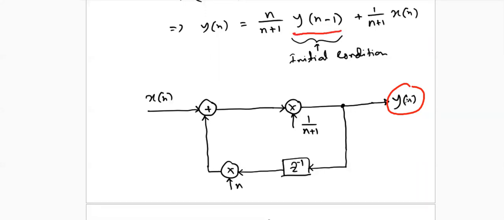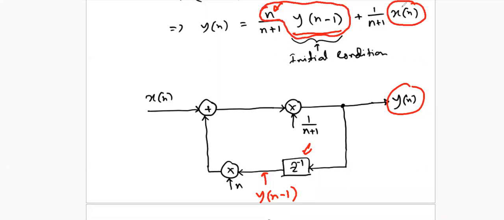So from the y n, we are putting a delay. So of course, this point is y n minus 1. And then y n minus 1 is multiplied with the value of n, which is a variable. So that's why the variable multiplication. And then it will be added with xn. So our n y n minus 1 will be added with xn.